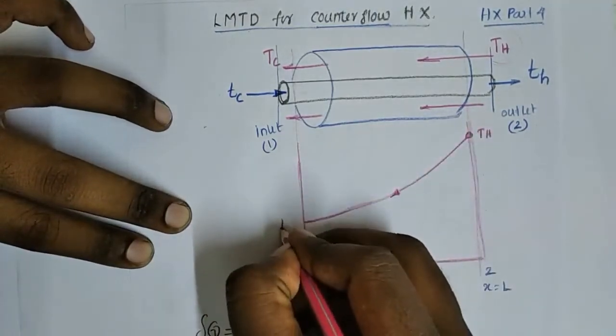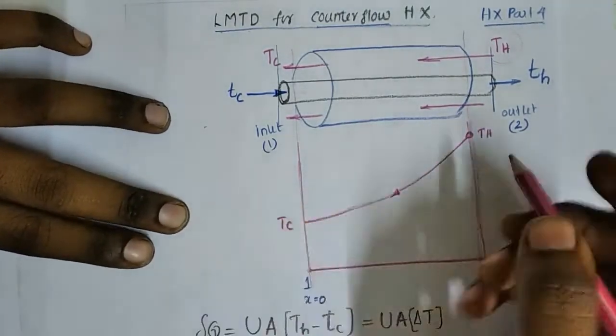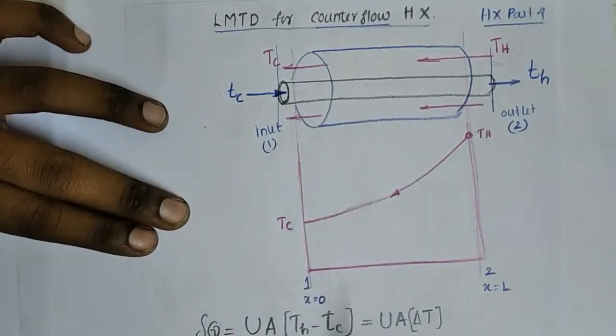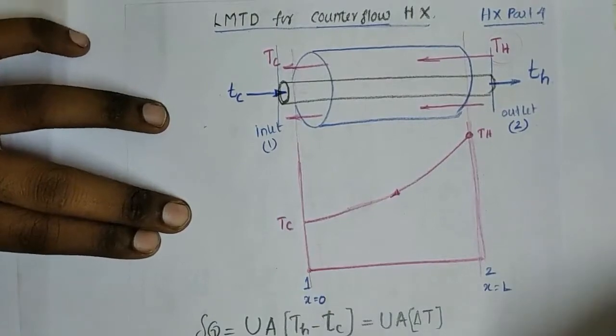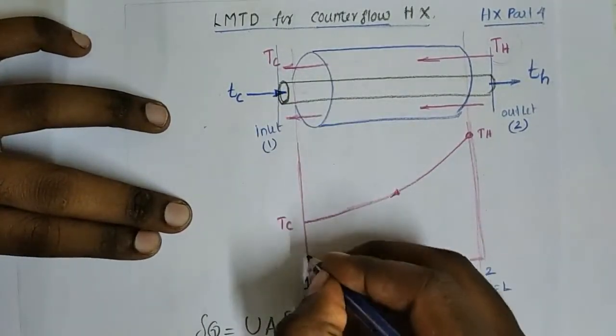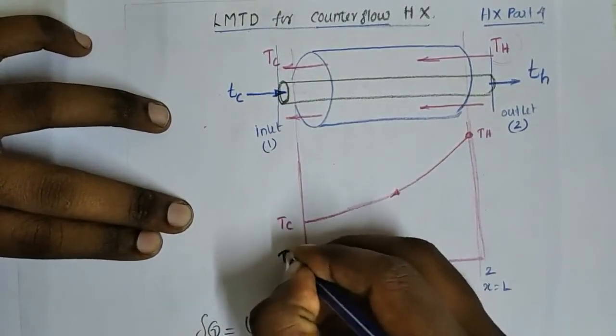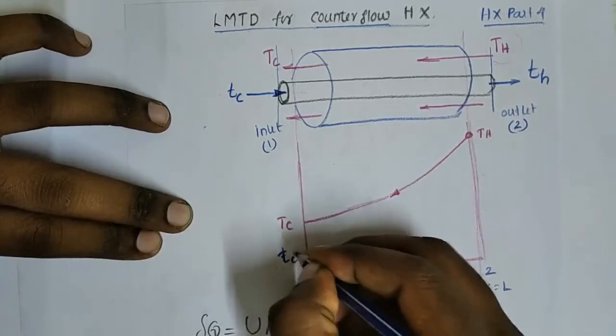Here this is capital TH and this is capital TC. At the same time, for the cold fluid, this is a very low temperature, small tc.